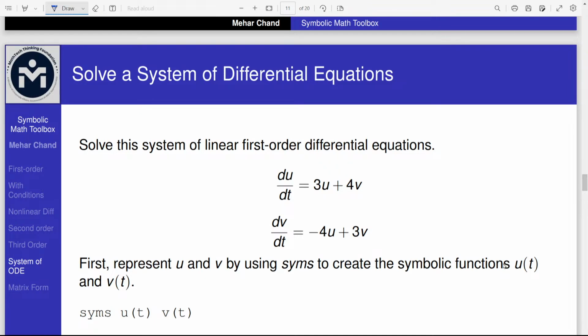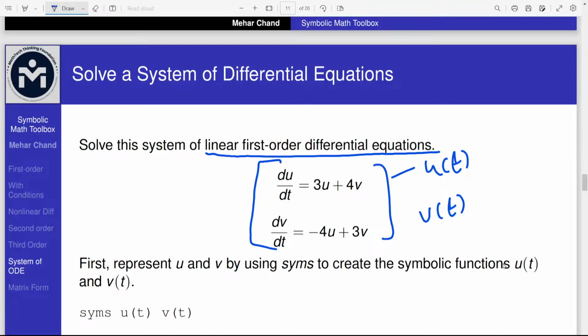So now we have the system of equations. When we have a system of first order linear differential equations, how can we solve this type of problem? This is also quite interesting. As you can see here there are two symbolic variables. First we need to define them: in both equations u and v are functions of t. So these are the two symbolic functions.